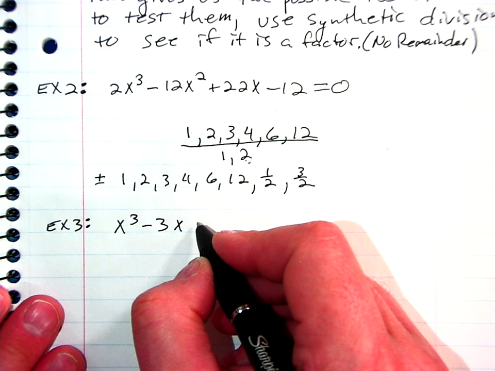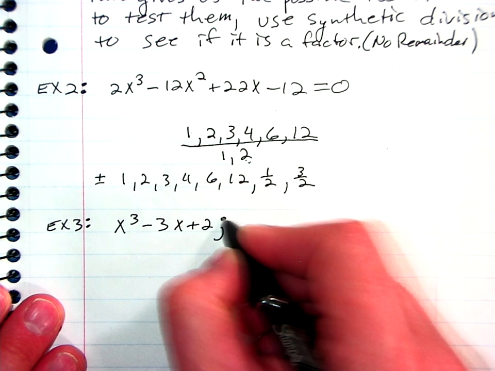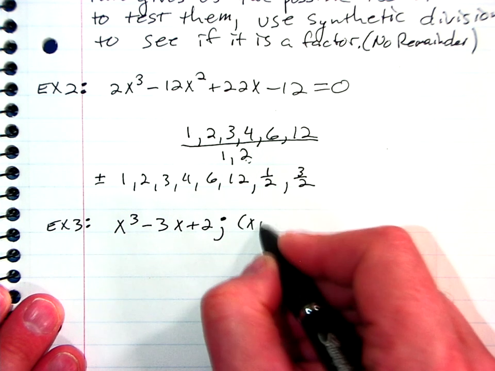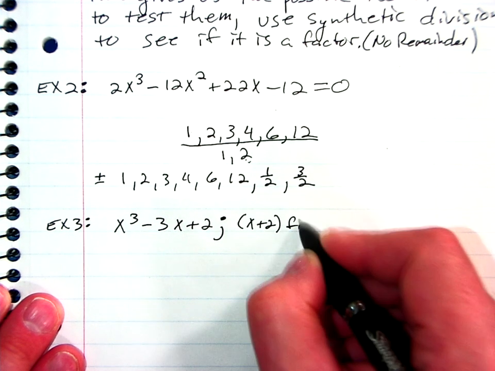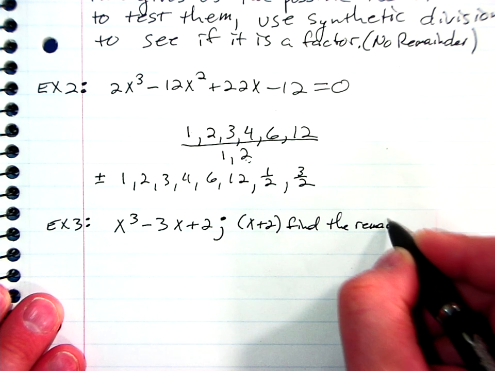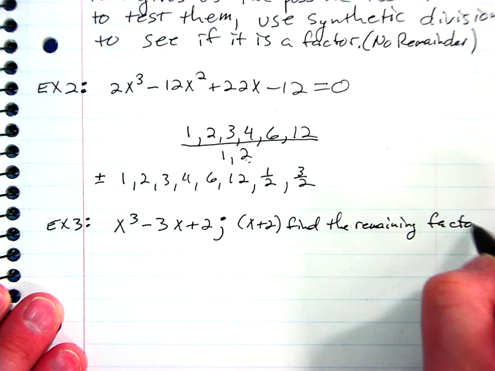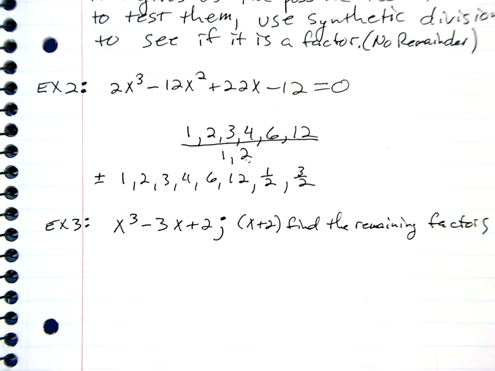x cubed minus 3x plus 2; x plus 2. Find the remaining factors. And this is just like your homework.